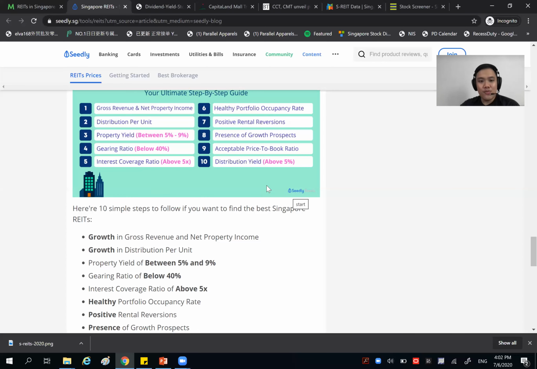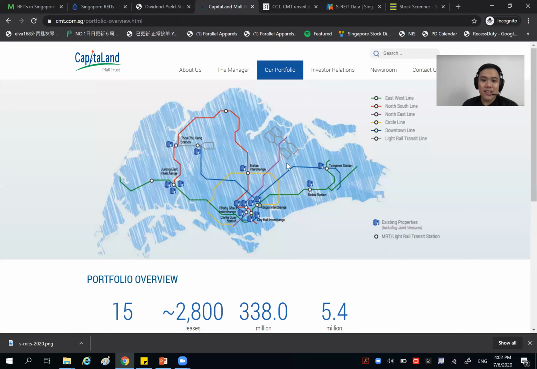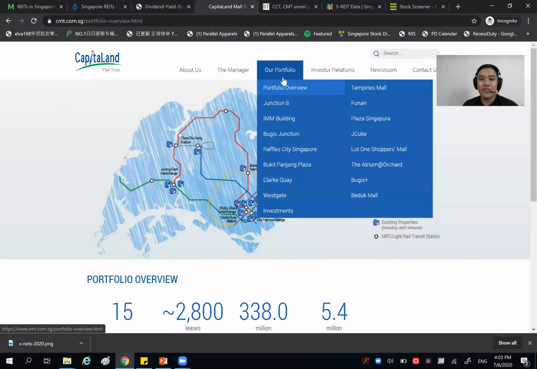Okay, so with me going through this step-by-step guide, now I'm going to show you an example. Since we have been talking about CapitaLand Mall Trust, I think it is something that you all can relate to. Why? Because if I show you the names of the malls, you'll definitely be familiar with them. Under CapitaLand Mall Trust, they have properties such as Junction 8, Bugis, Bukit Panjang, Tampines Mall.